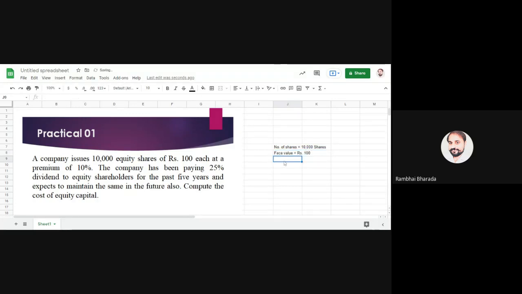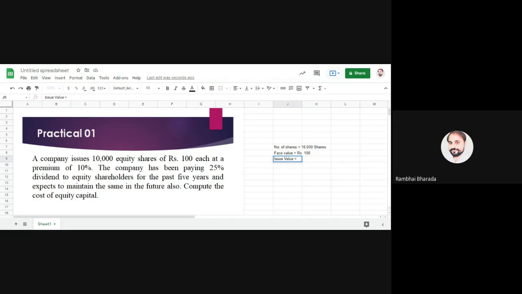Now moving ahead. Issue value is equal to how many? Face value is 100, each of rupees 100, I agree. But the company has issued these equity shares at a premium of 10%.